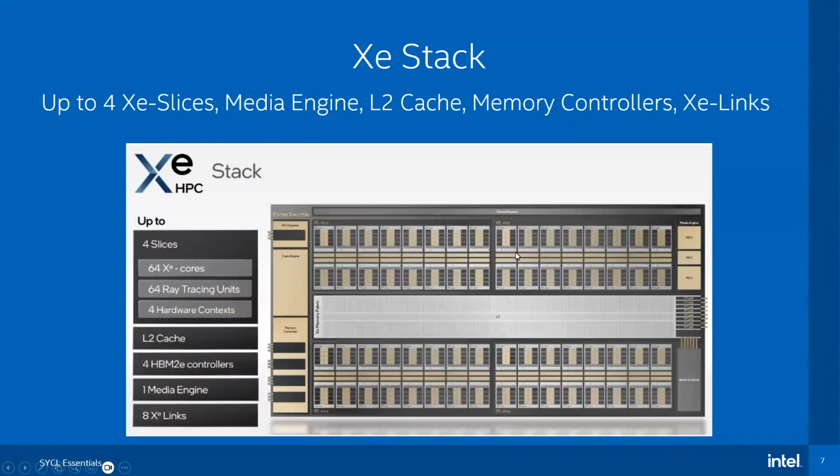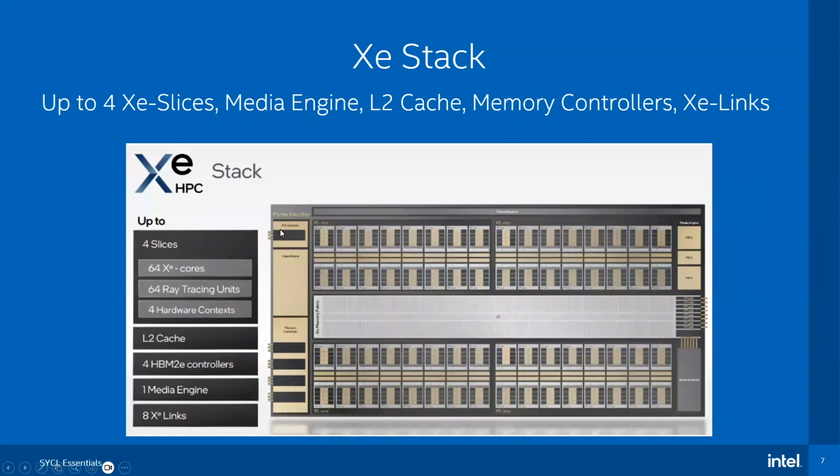So in this case, I think there are 64 of these Xe cores, and then there will be 64 ray tracing units, and then with 4 hardware contexts, and this will make up a fully functional GPU, right?